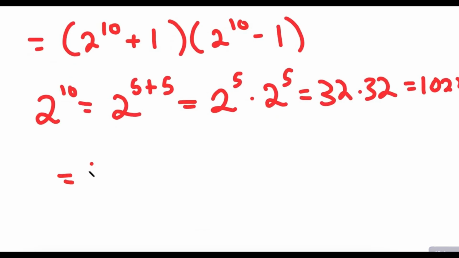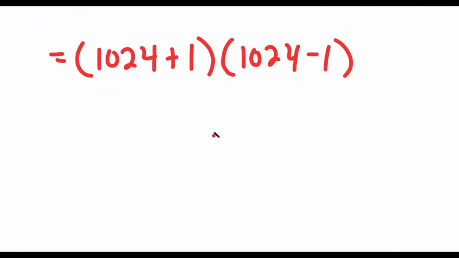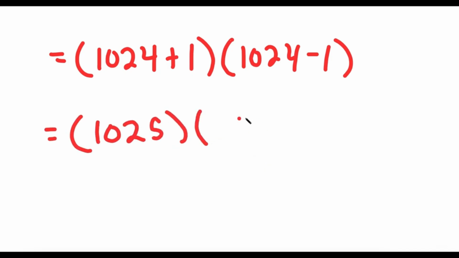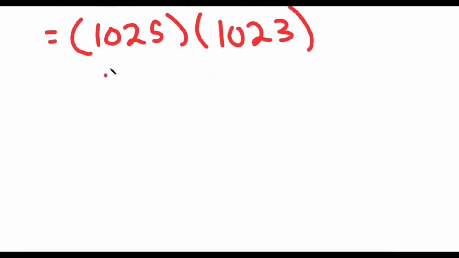So I get 1024 plus 1 times 1024 minus 1. Now 1024 plus 1 is 1025, and 1024 minus 1 is 1023. So now I have 1025 times 1023.